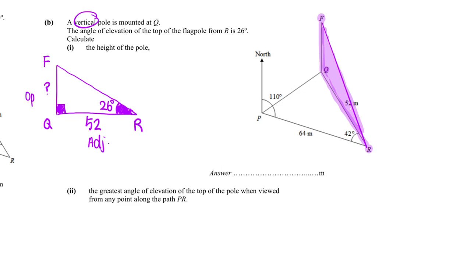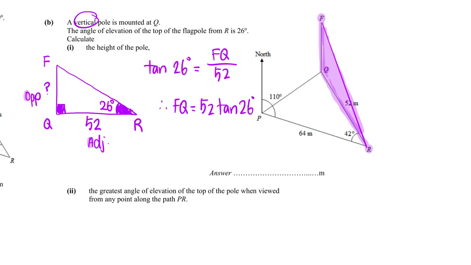This is opposite side. O and A, what do you think we need to use? Yes, tangent ratio, where I will have my FQ over adjacent side, and you can see all I have to do is to multiply 52 on both sides in order for us to find the height of the pole. So in this case, that will give me 25.4 meters to 3 SF.